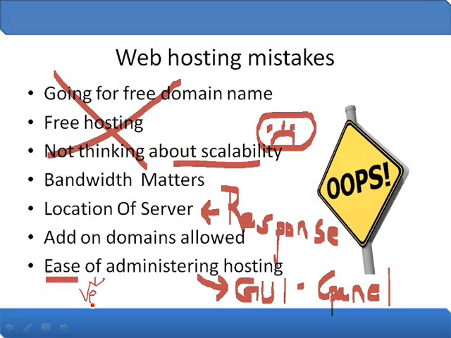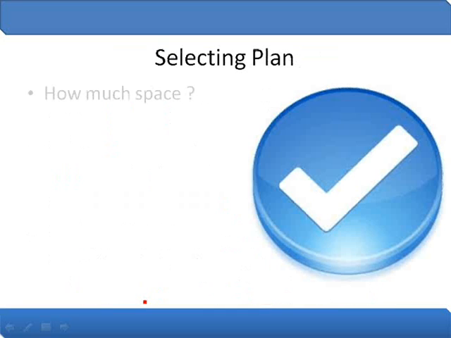Then comes selecting the best plan, how much space you need. Make sure that you find out how much space you require for the web hosting, how much space the website files take up. Then find out the bandwidth that your website will need.